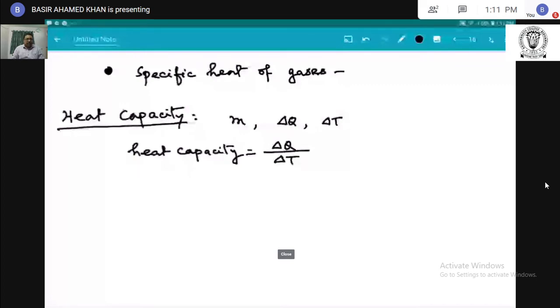That means different materials have different capacity to absorb heat to produce a given change of temperature in a given mass. If a material of mass m absorbs heat delta Q and its temperature rises by delta T, then heat capacity is defined as delta Q by delta T. This is the heat capacity.